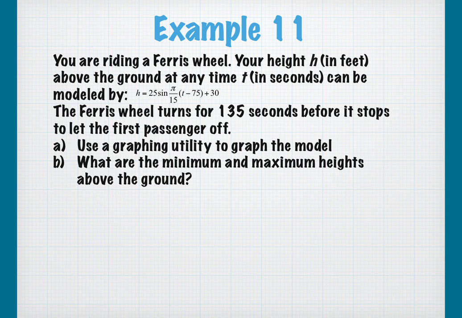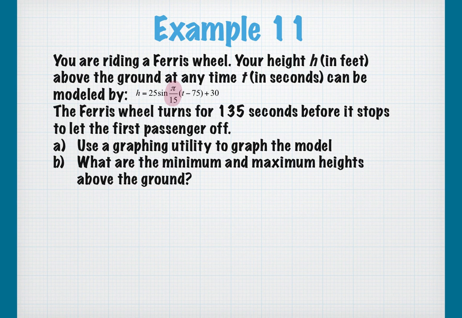So look at what's next to it. This represents your angle, right? What unit is that? It's radians. So your calculator has to be in radians. So then you go to your y equals, you type that whole thing in. 25 sine.